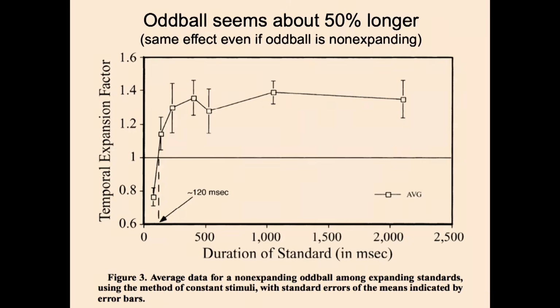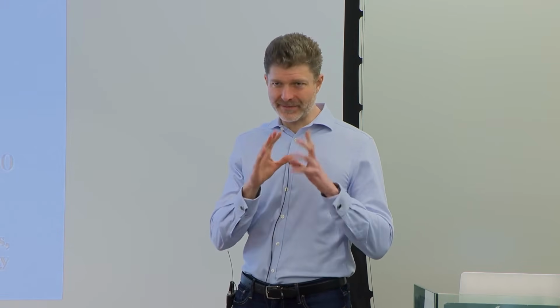But again, it's the thing that is unusual or distinct in the sequence that ends up looking longer. Okay, and so the presumptive explanation of this is that the thing that is unusual or deviant attracts attention, and that causes the thing to appear longer.